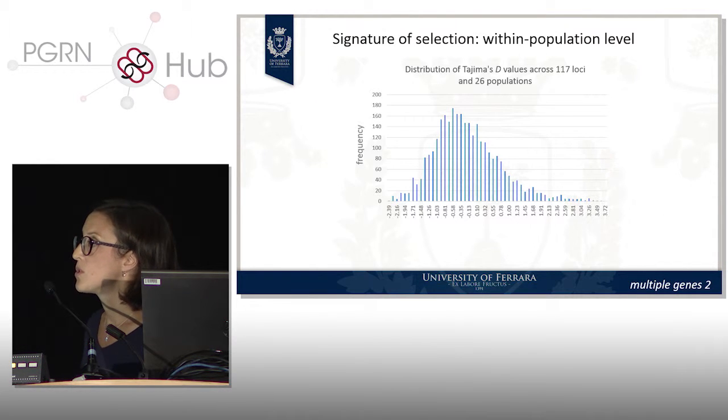So apart from these two known cases, we wanted to somehow infer another kind of signature of selection, because positive selection is very popular, it is exciting to find signature of something that changed in the genome and try to find the reason why.